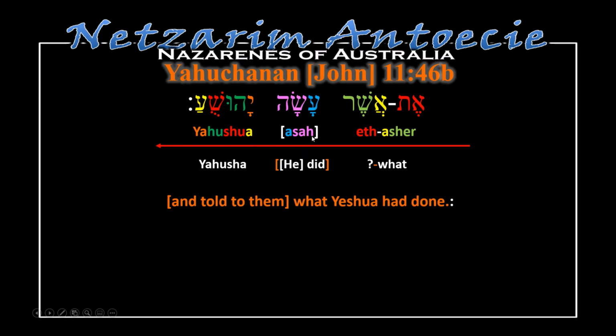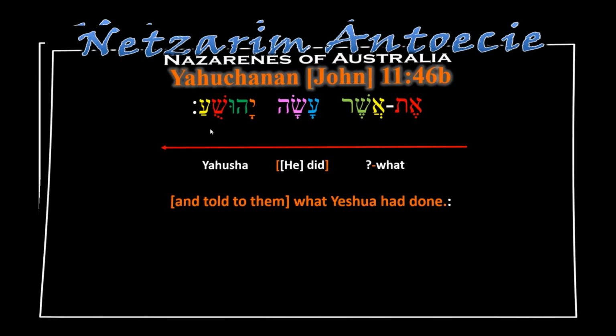Asa, meaning to do. He did. Yahushua, or Yahusha, and told them what Yeshua had done in context. Right, now let's read it. Et asher asa Yahushua.